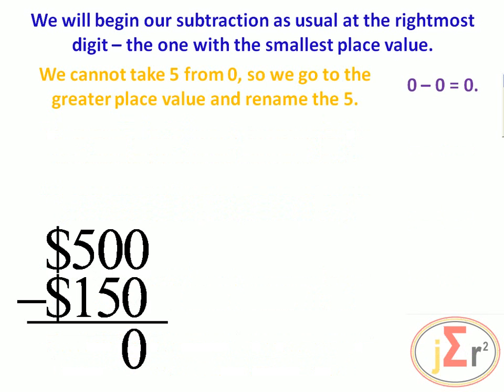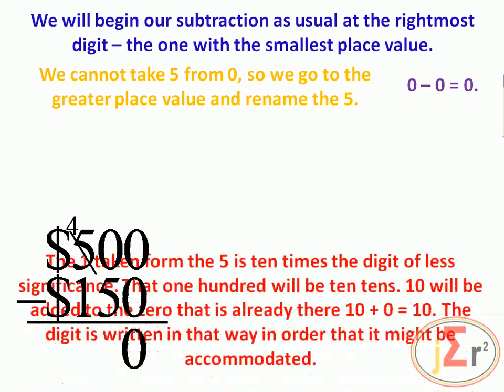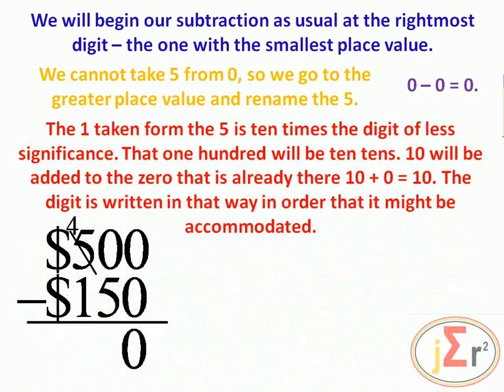We cannot take 5 from 0, so we go to the greater place value and rename the 5. We have done that before. The 1 taken from 5 is 10 times the digit of less significance. The 100 will be 10 tens. 10 will be added to the 0 that is already there, and we get 10 plus 0 is equal to 10.